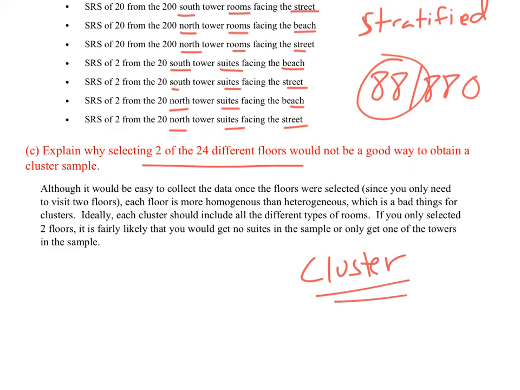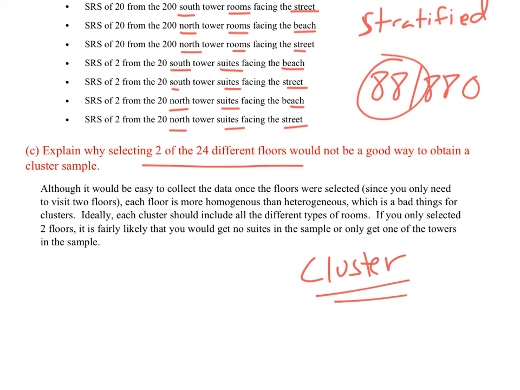With a cluster sample, when you select that floor, whether it's the suites that have 20 per floor or the rooms that have 40, you're taking every single room on the floor. That's the difference. Here I would just label the floors, not the rooms. The floors label 1 to 24, and I'll take 2 of them. But if I get a floor of rooms, I'm taking all 40 rooms. If I get a floor of suites, I'm taking all 20. That's where cluster sampling is different.